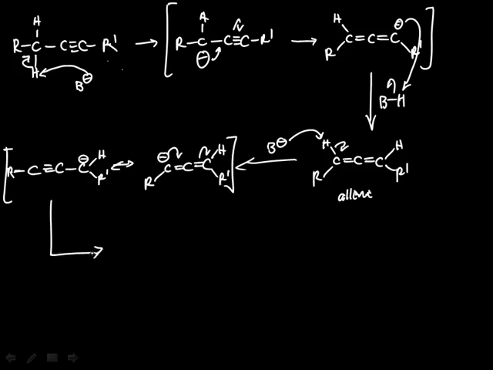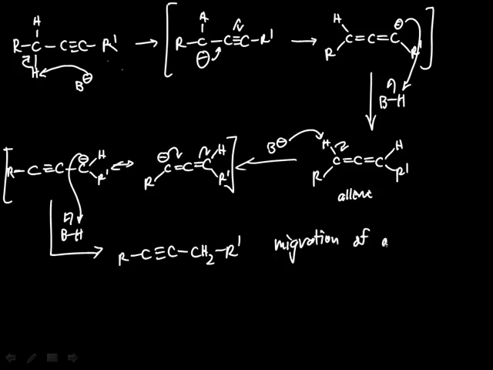Finally, this anion can now react back with the base, take back its proton to finally give us an alkyne that looks like this. And what we see now is that the triple bond migrated, which is an important and often problematic element of this reaction. We can have a base-induced migration of a triple bond.